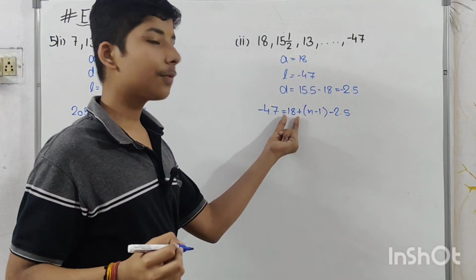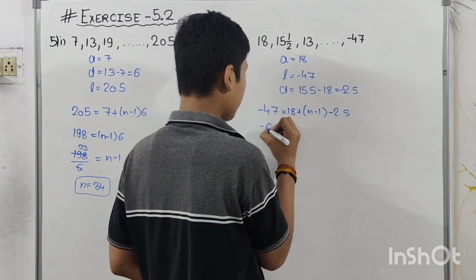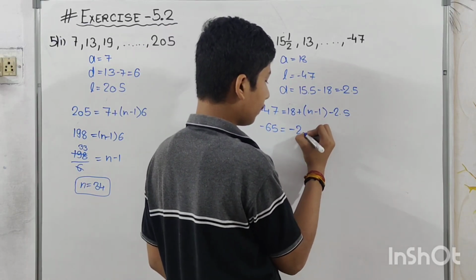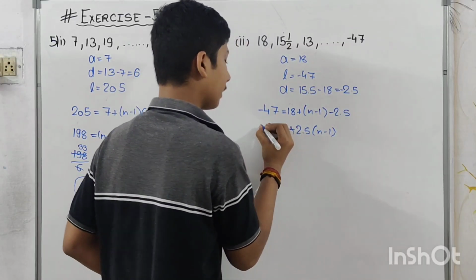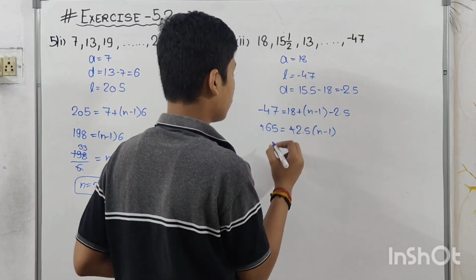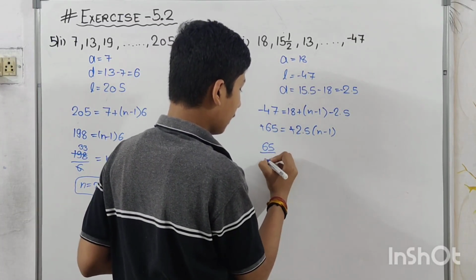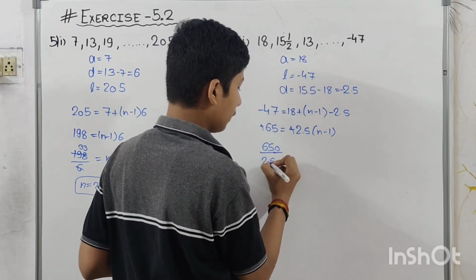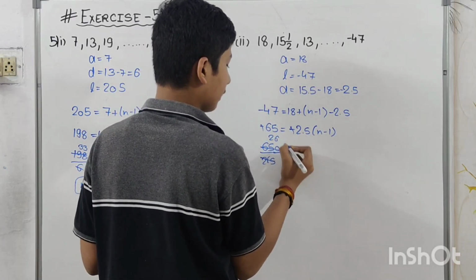So minus 47 minus 18 will give minus 65 equals minus 2.5 into n minus 1. So the minus signs cancel. Now 65 upon 2.5 will be 26.